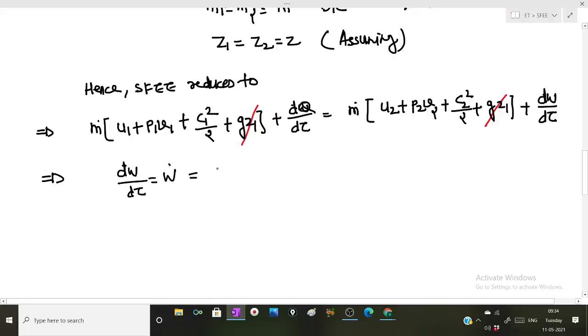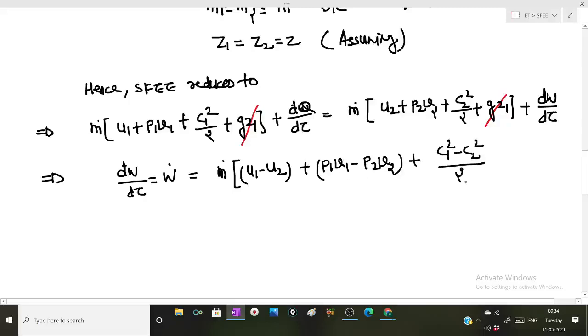So how can I write this? dW by d tau equals m dot into (u1 minus u2 plus p1 v1 minus p2 v2 plus C1 square minus C2 square by 2), and plus on the left hand side dq by d tau is remaining.